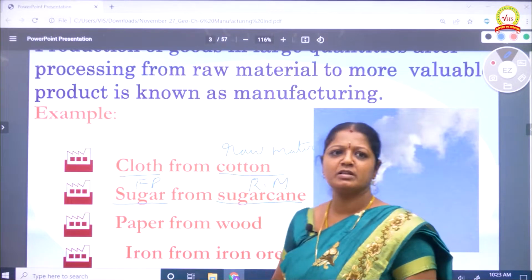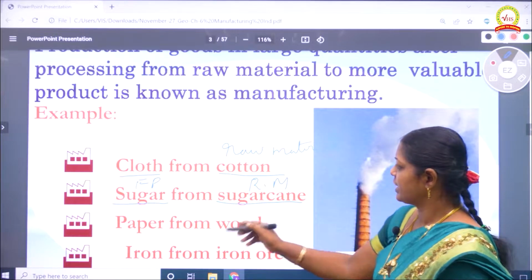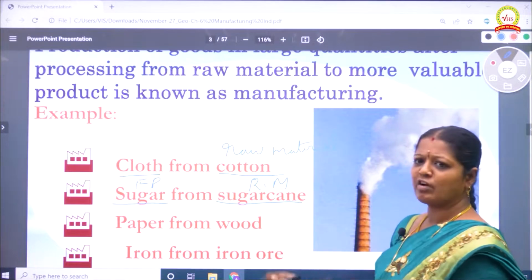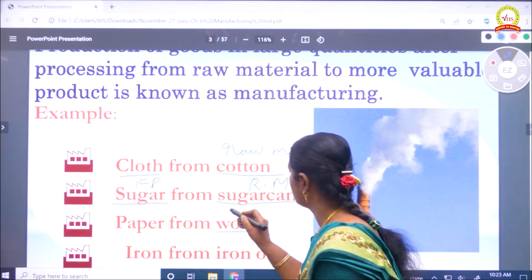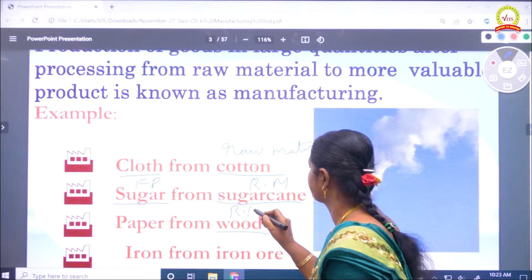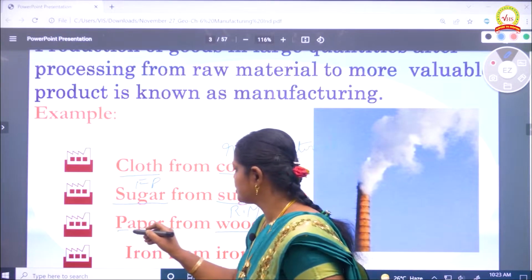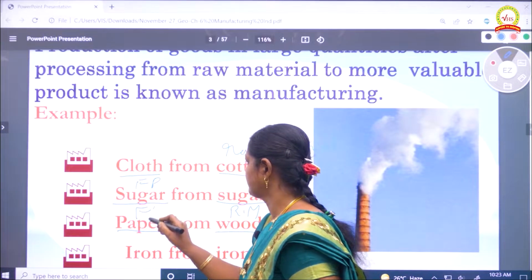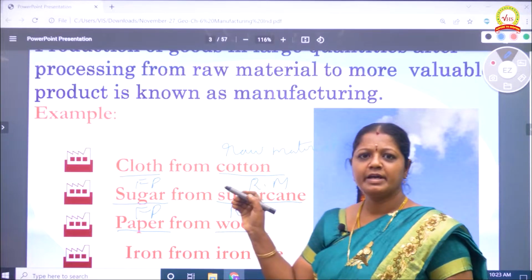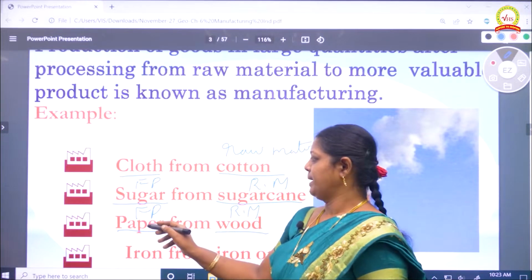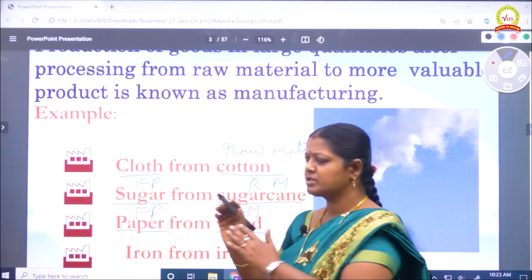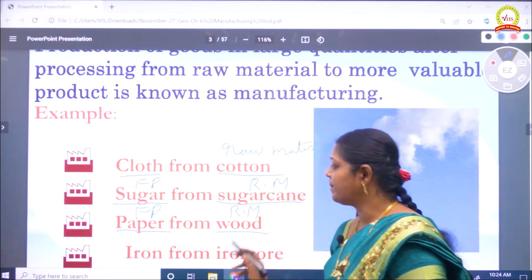It takes place in the sugar industry. Now the next example, paper from wood. Here wood is the raw material and paper is the finished product. Wood is converted into paper. This process takes place in the paper industry.